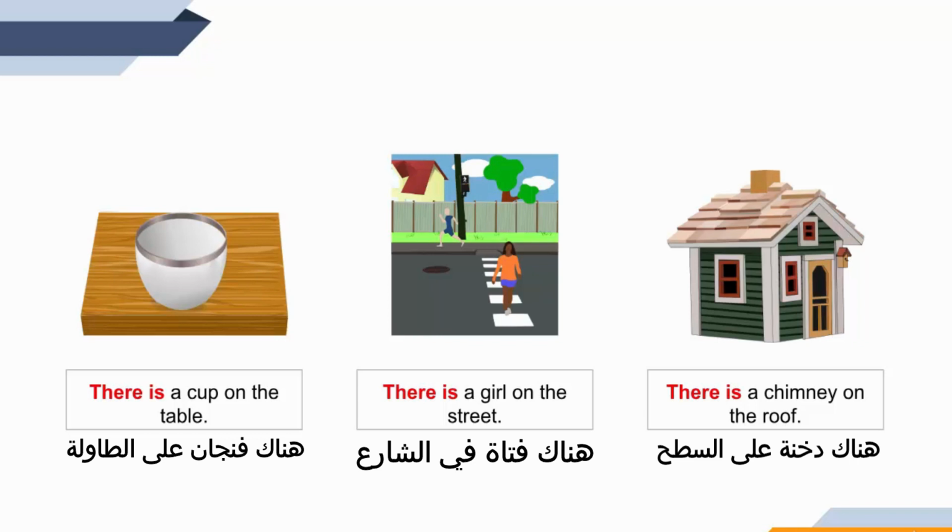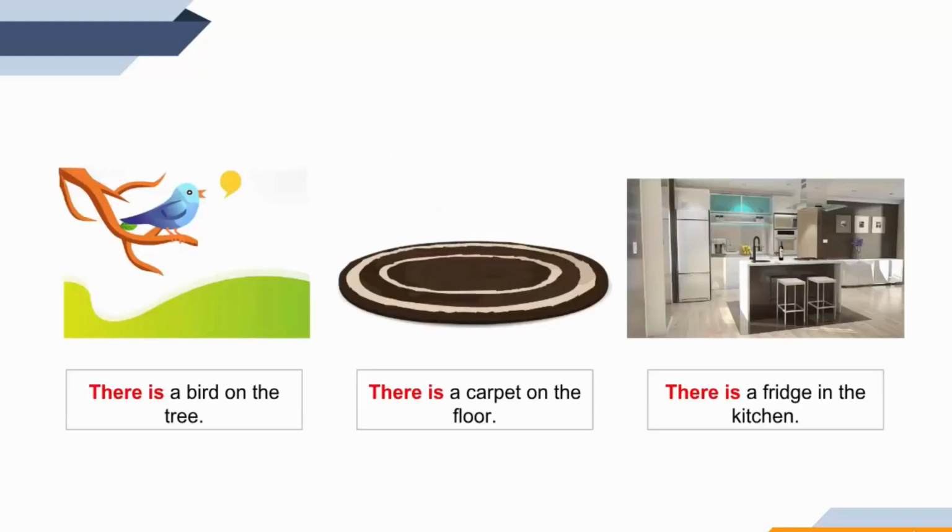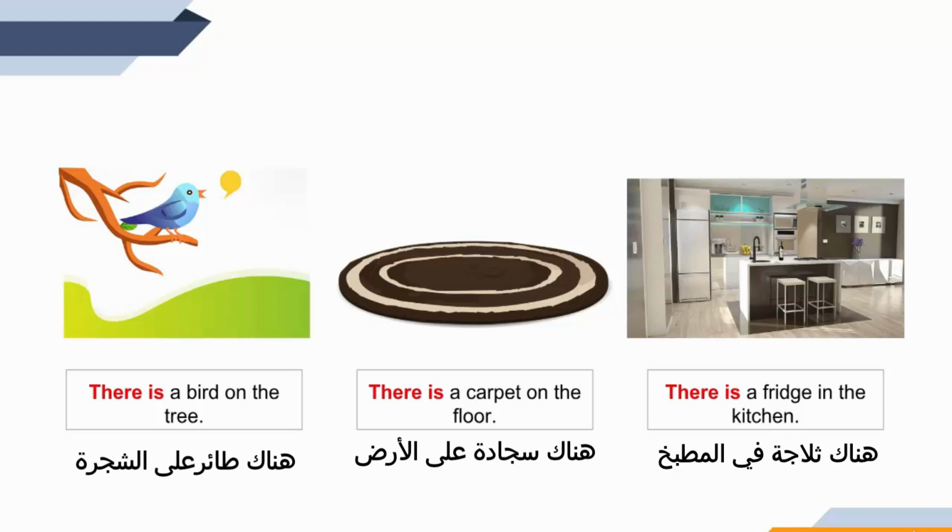There is something. And this something, when you use there is, is a singular countable noun in this situation. There is a cup, there is a girl, there is a chimney. Look at this. There is a bird on the tree, there is a carpet on the floor, there is a fridge in the kitchen.